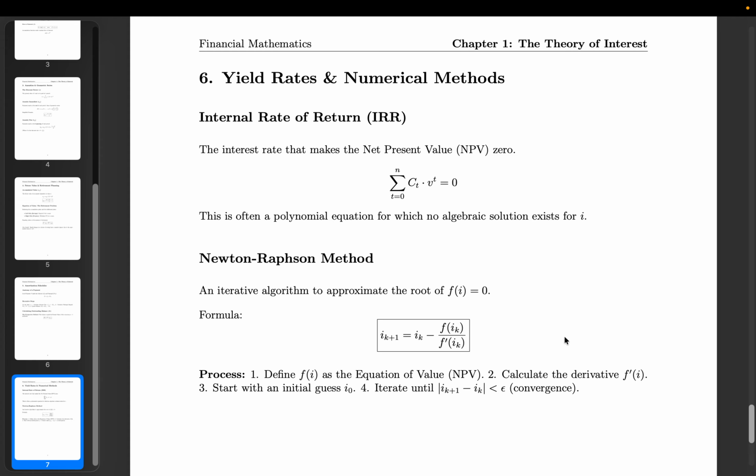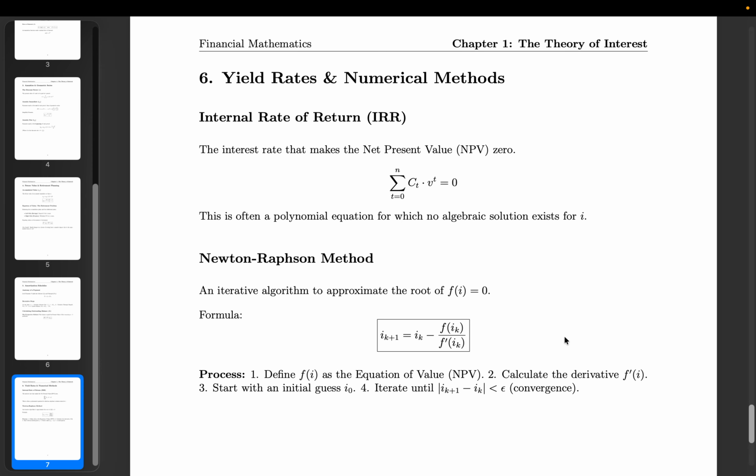We treat the net present value as a function. Let's call it f(i). We want to find where f(i) equals 0. The formula for the iteration is i_{k+1}, or i new, equals i_k, or i old, minus f(i_k) over f'(i_k), or f(i old) over f'(i old).